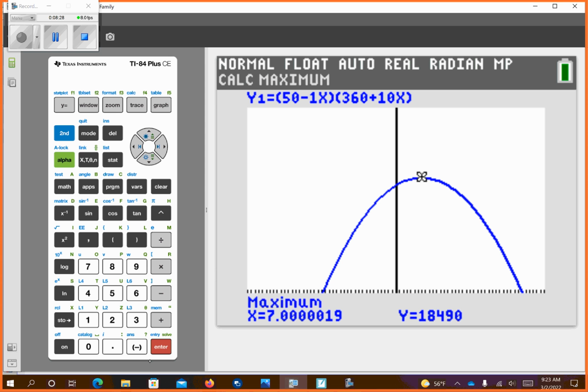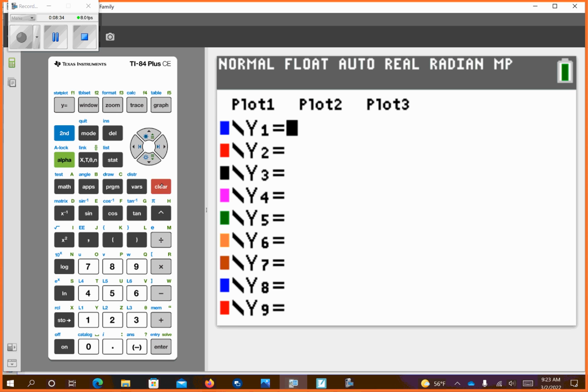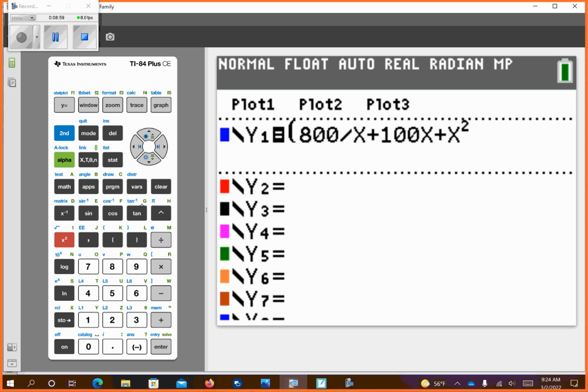Okay. All right, so we have a cost, we have the product. What I would do on this is I'm going to go ahead and graph this. So I'm going to take the 800 divided by x, and then plus 100x plus x squared, close parentheses.